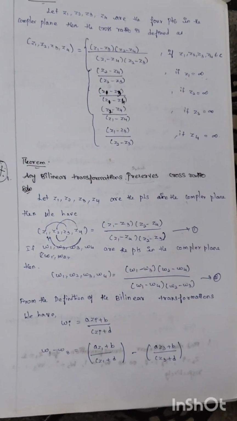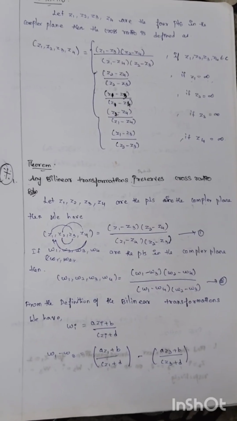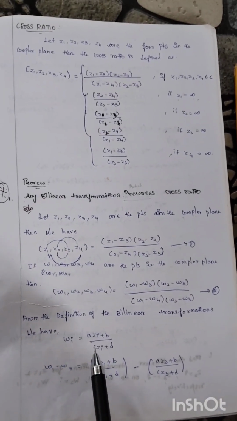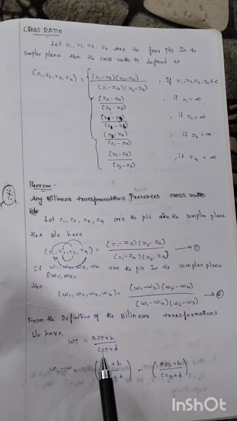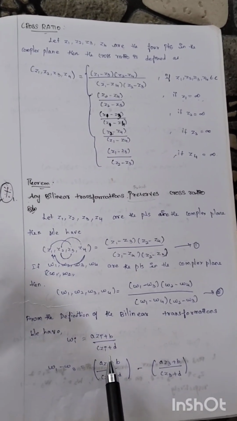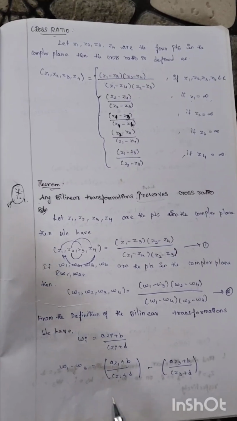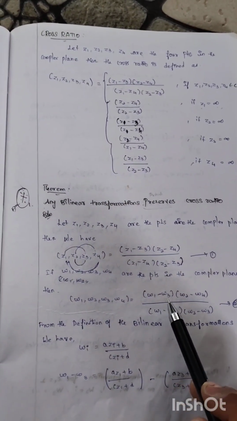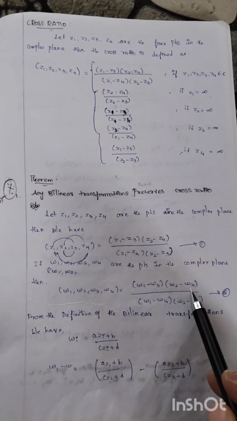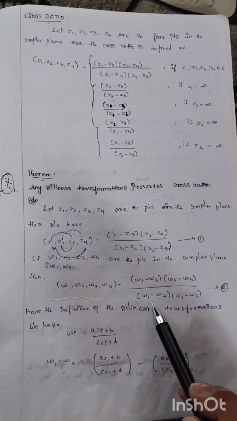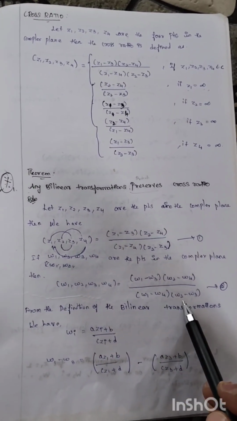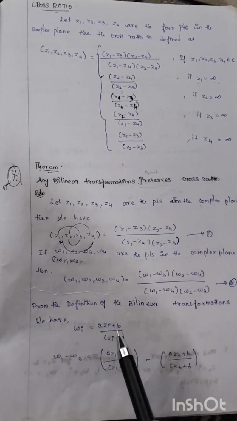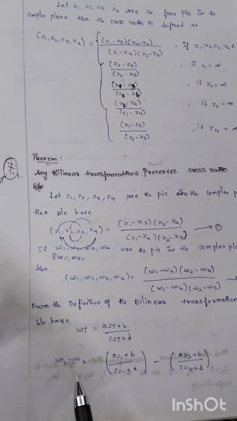From the definition of the bilinear transformation, we have wi is equal to (a zi plus b) divided by (c zi plus d). Now we have to find w1 minus w3, w2 minus w4, w1 minus w4, w2 minus w3 using this definition. What is w1 minus w3?